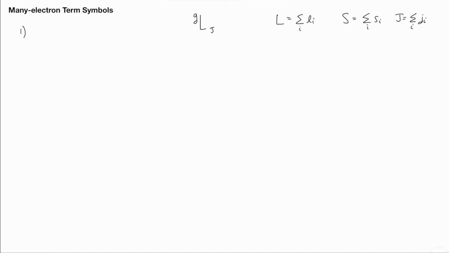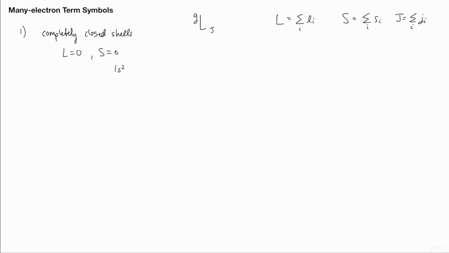All right, so the first rule of these is the easiest to use and the simplest. The first rule basically says that for completely occupied shells, for completely full or closed shells, they correspond to having a big L of 0 and a big S of 0. Okay, so what I mean by that is if you have a shell like 1s2, this is completely full because you can only have two electrons.